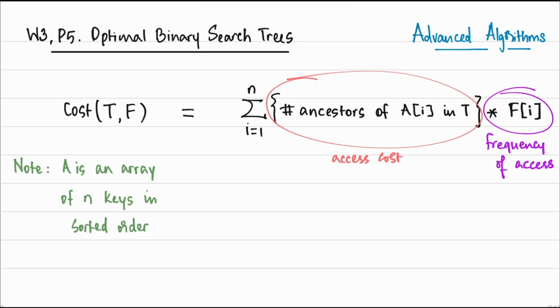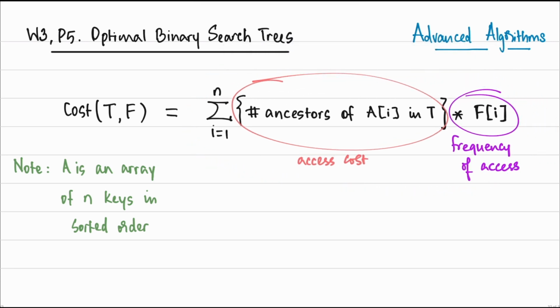Now I want to think about this cost as being broken down into two parts based on where these keys are in the tree T. Because looking at it that way will help us inspire ourselves into discovering the correct set of subproblems to actually find the optimal BST. So how can we think of this recursively?